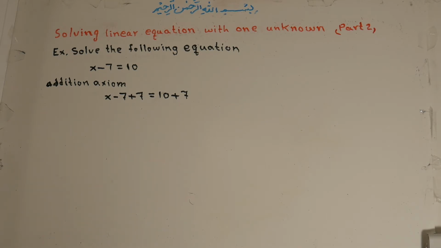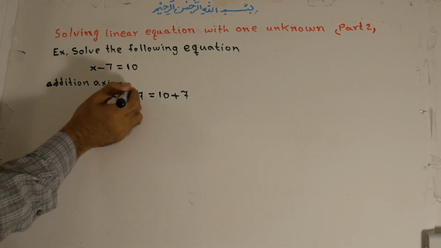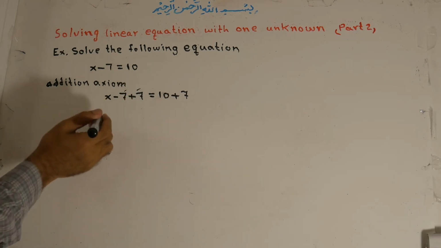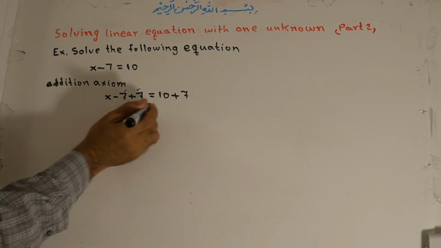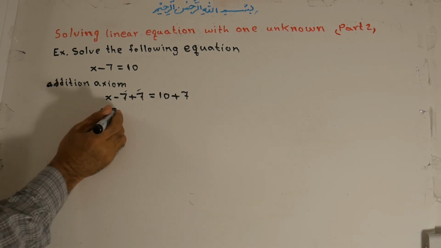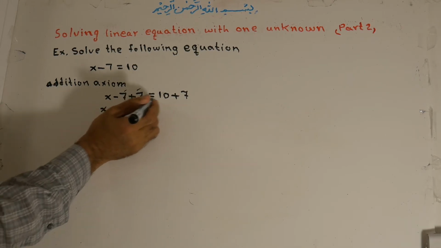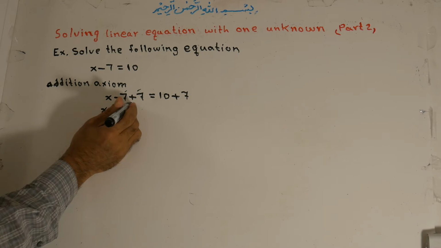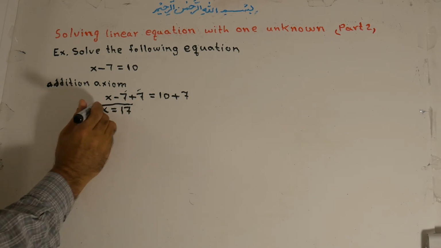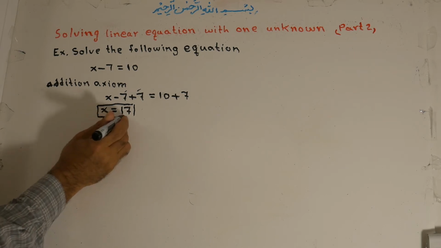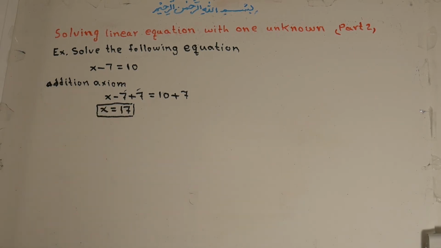Now minus 7 cancels with the positive 7, remaining only x. X is equal to 10 plus 7 is 17. The answer is 17. It means that the x is 17, or the answer for the equation is 17.